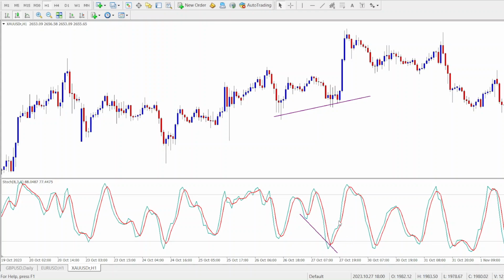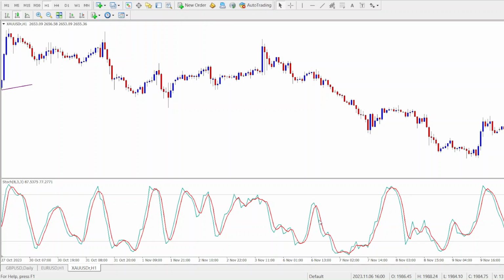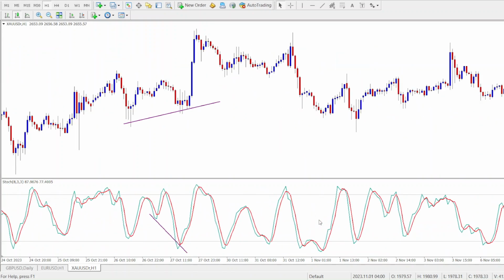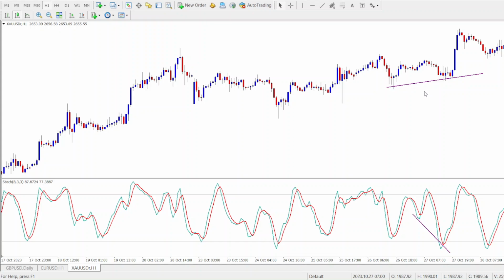Okay, but remember that we have hidden divergence and we have the regular divergence. We talked about hidden divergence already in the previous video. You might want to check it out. But in the case of a bullish reversal, we should be looking out for a regular divergence, which occurs when the momentum indicator is making higher lows but the price of the asset is making lower lows, right?